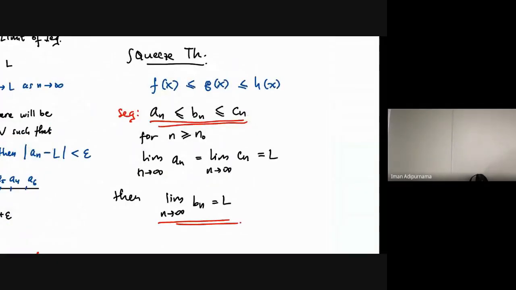If you can prove that bn is in the middle, then you can apply the squeeze theorem. If you know limit an and limit cn are L, then you can prove bn is also L. It's the same thing as in calculus 1. You just change the a, b, and c. In calculus 1 it's functions, right? And we change into sequences, and we treat the sequence as our function actually.